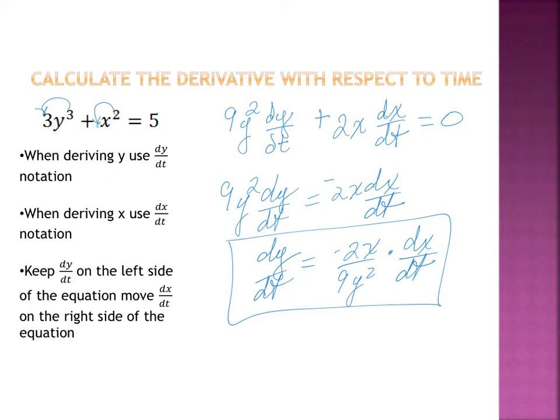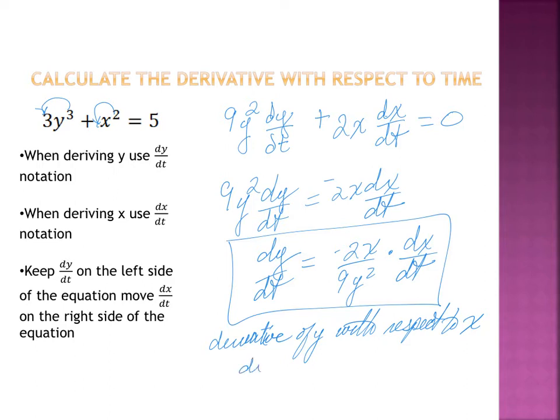And I'm going to then show you another type of notation, and this is why sometimes we don't see the notation of the change in time, because if I wanted to express this as the derivative of y with respect to x, then I would multiply by the reciprocal of dx over dt to both sides.